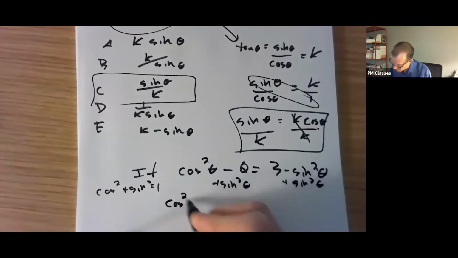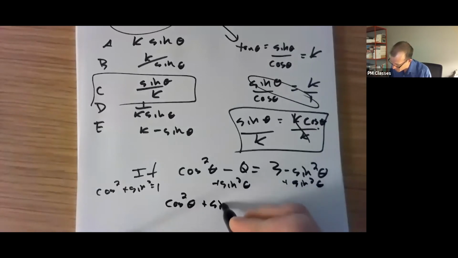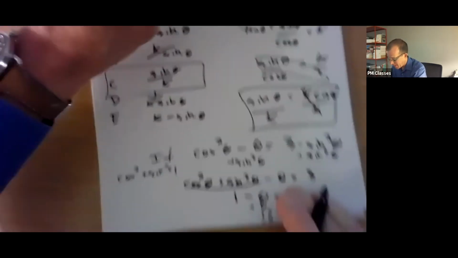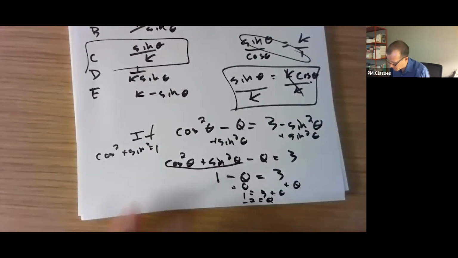I know you guys might take a shortcut. I'm a fan of writing out work because I hate making silly little errors. So that means this whole thing is 1, so 1 minus q equals 3. I can add q to both sides: 1 equals 3 plus q, subtract 3, and that's negative 2 equals q.